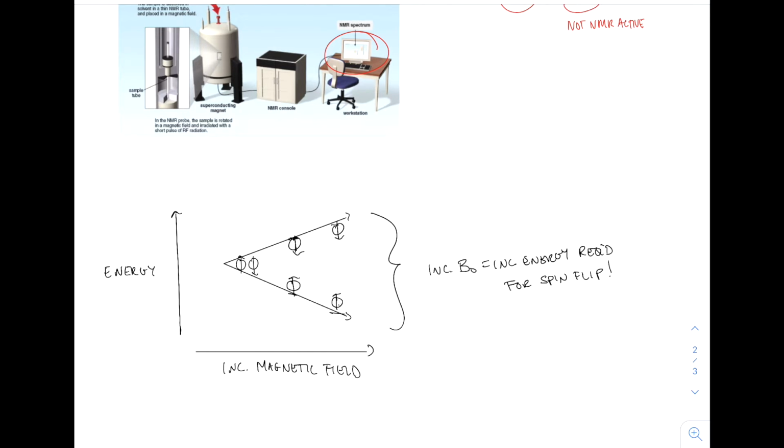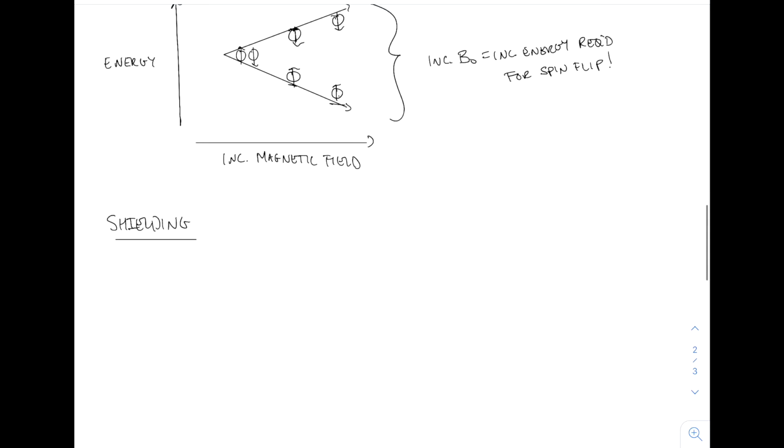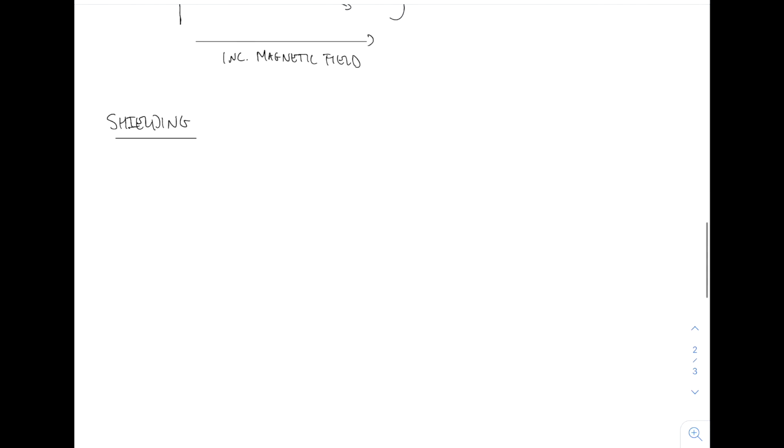Now, the reason why we bring this up is because I want to talk about something called shielding. Shielding is a really important vocabulary word related to NMR spectroscopy as well as our NMR spectra. Our nuclei also have electrons surrounding them, right?